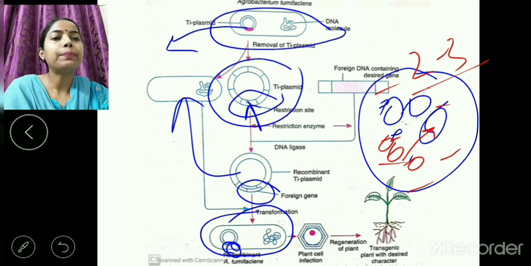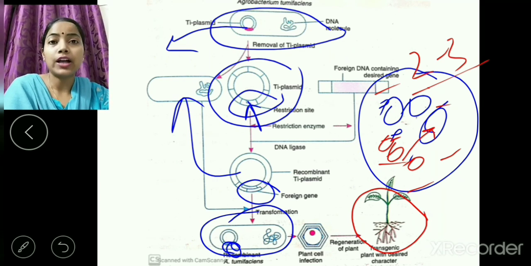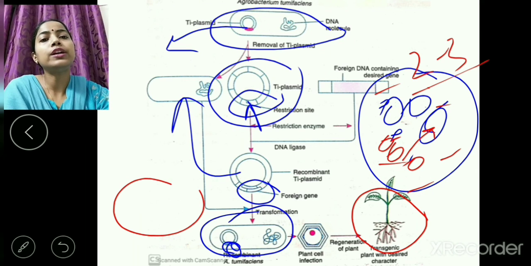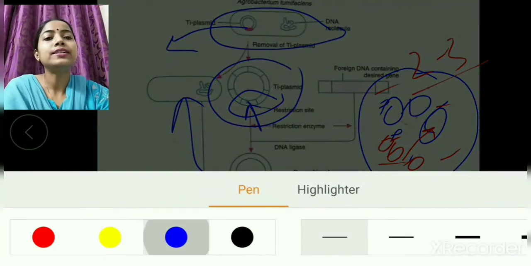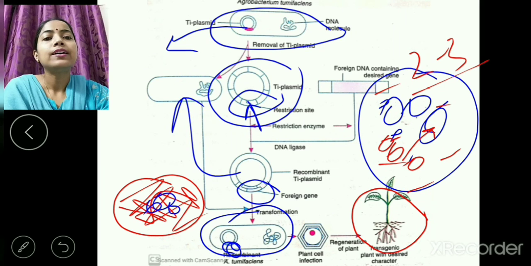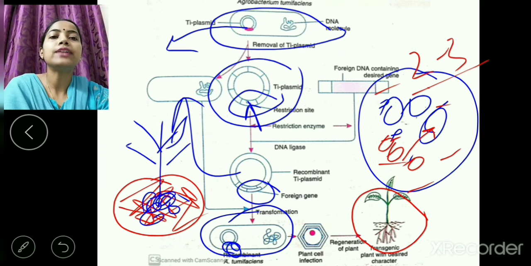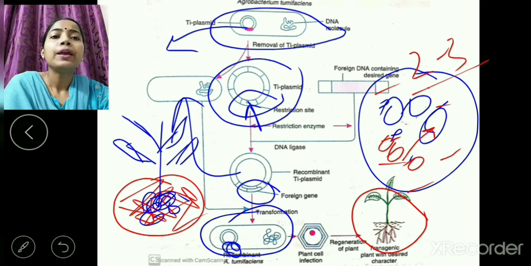So finally the plant cells thus transformed will be cultured in the plant regeneration medium, where the plant cells will divide to form callus. Rooting and shooting processes will take place and the plantlets will generate, and this plant will carry our foreign gene in every part because it has been created from the transformed cells.